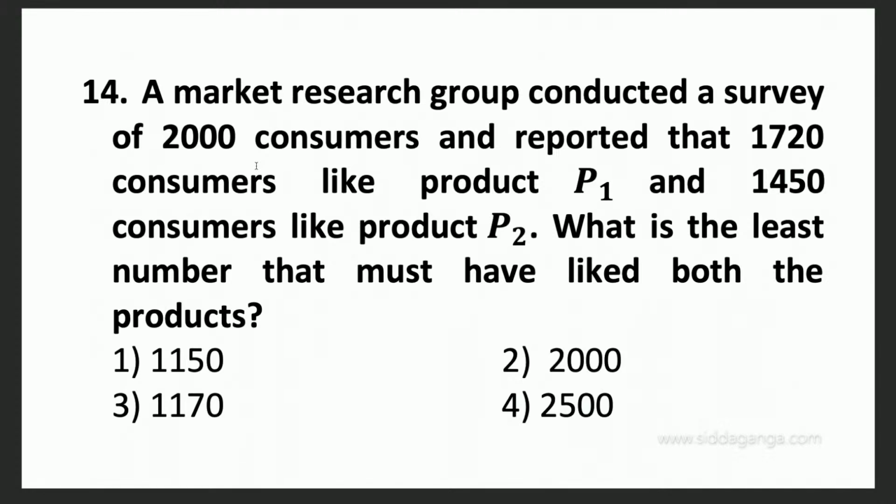And 1450 consumers like the product P2. N of P2 is 1450. What is the least number that must have liked both the products?